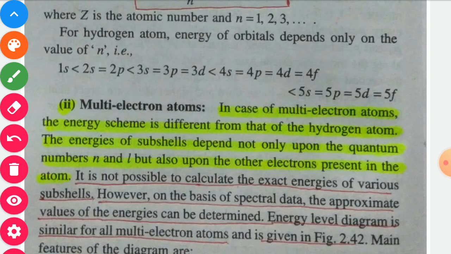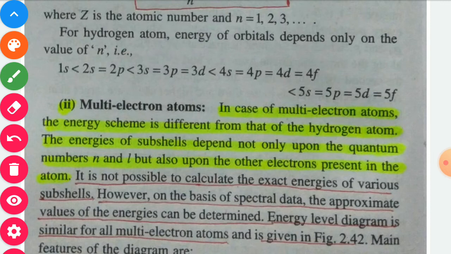Class, earlier I explained that for a chemical species containing a single electron, its energy value depends only on the principal quantum number n and azimuthal quantum number l. But for a chemical species containing more than one electron, its energy value depends not only on n and l values but also upon the other electrons present in the atom.